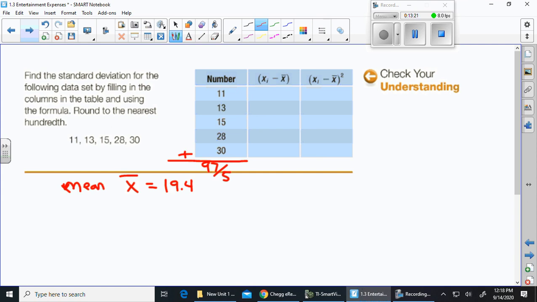Now, take every number and subtract 19.4. So I get negative 8.4. Here I would do 13 minus 19.4.